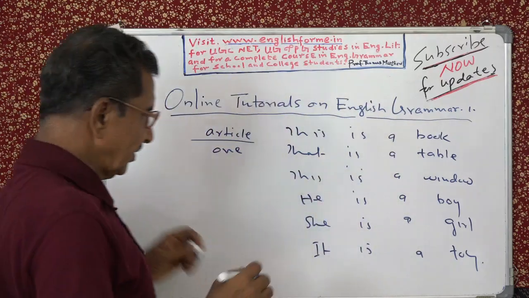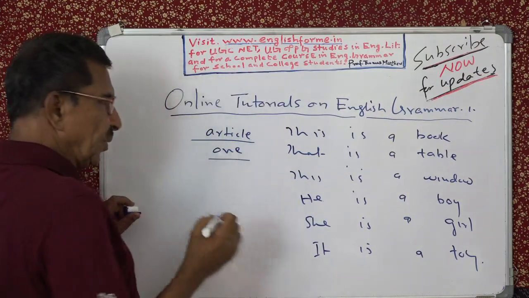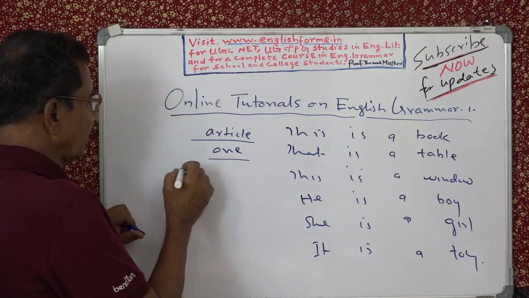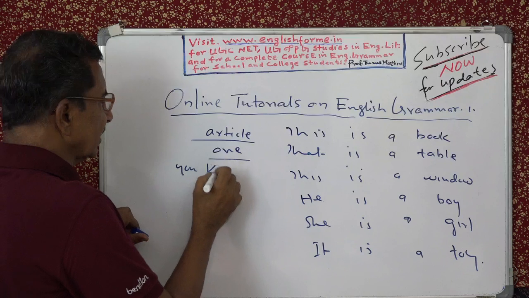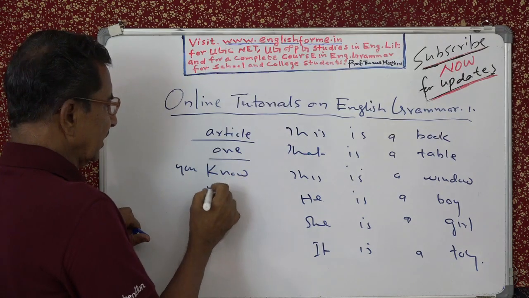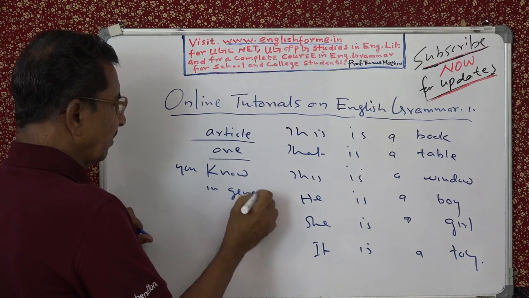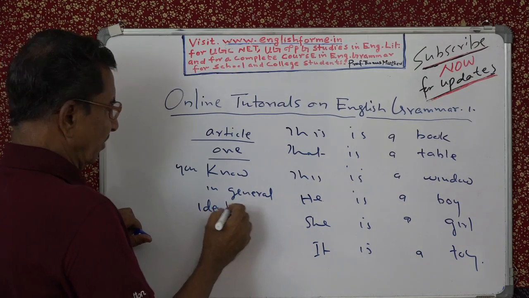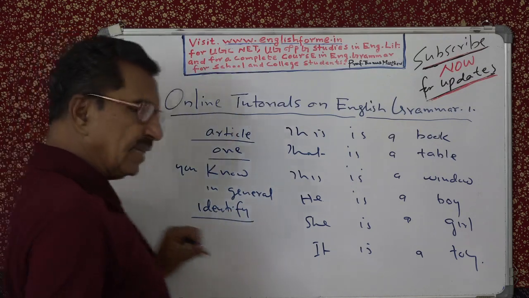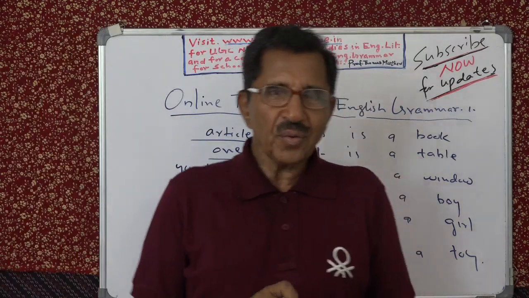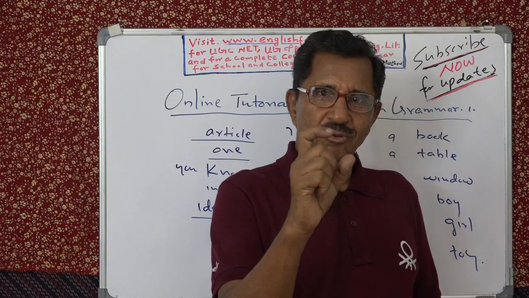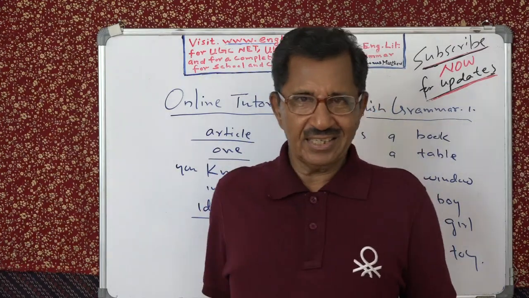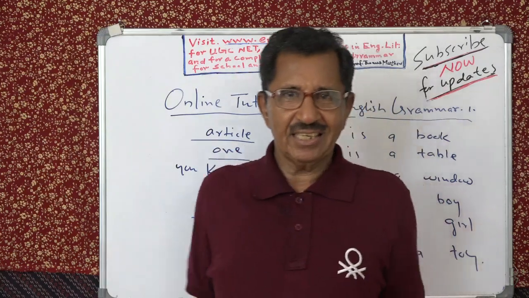It tells you that something you know in general, or identify, if you want a big word. Identity card: how do we know you? By looking at your identity card, right? So you know in general, or you know generally.